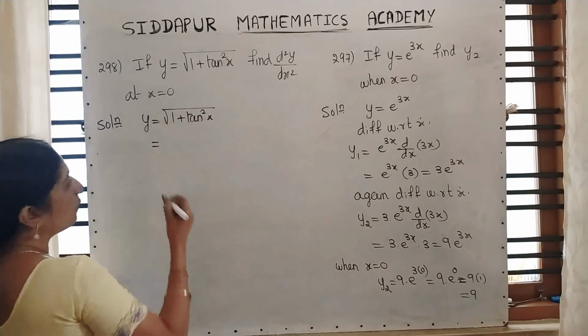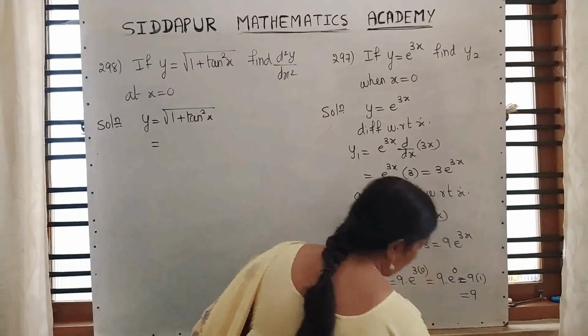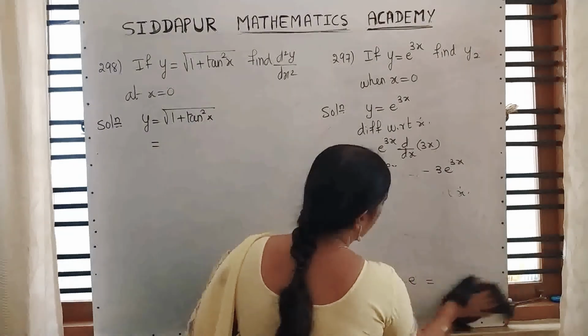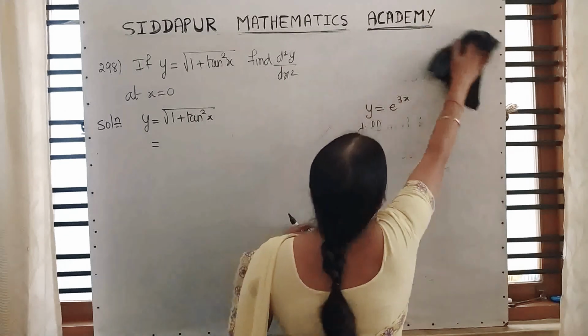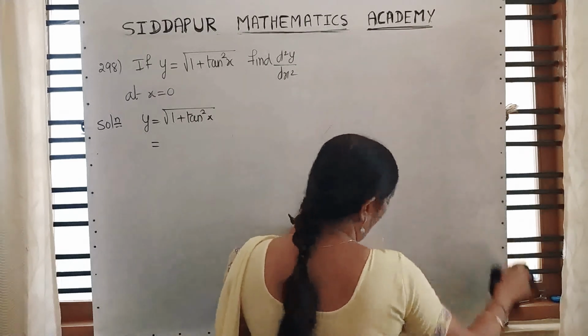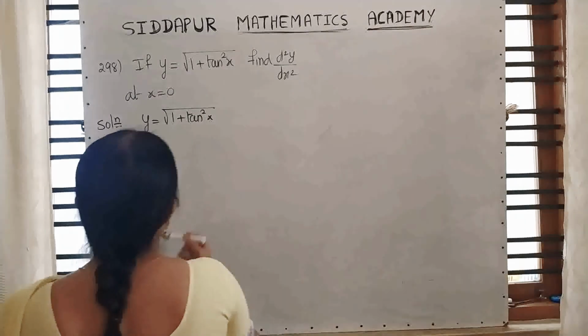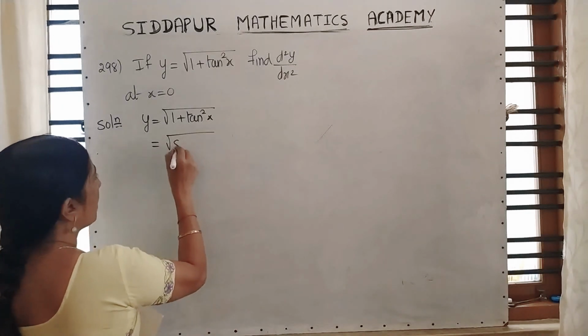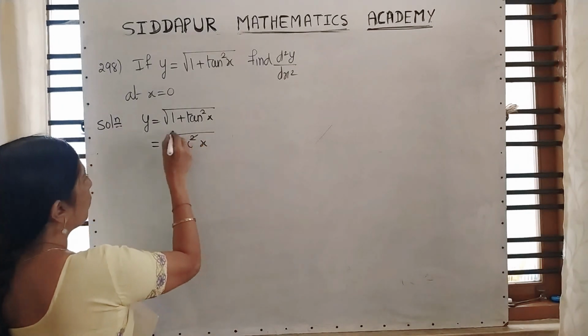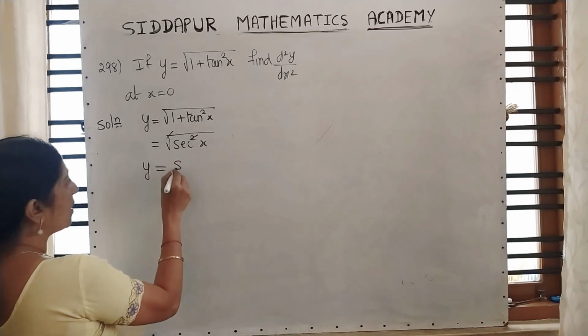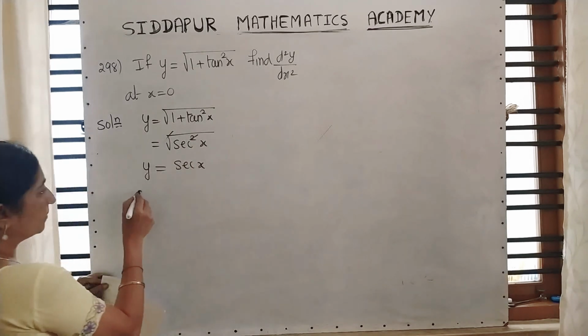Have you remembered the 1 plus tan square x formula? Yes, it is in the first year trigonometry. 1 plus tan square x is secant square x. Now root of secant square x. Square root and square get cancelled, so y is equal to secant x.